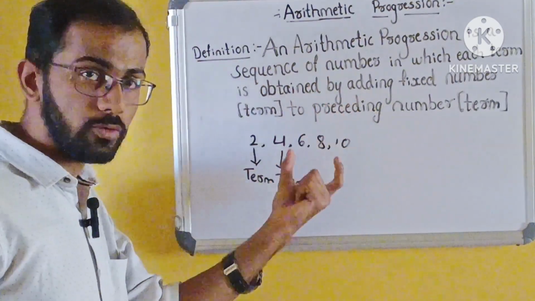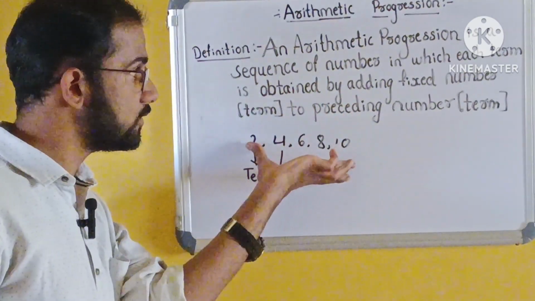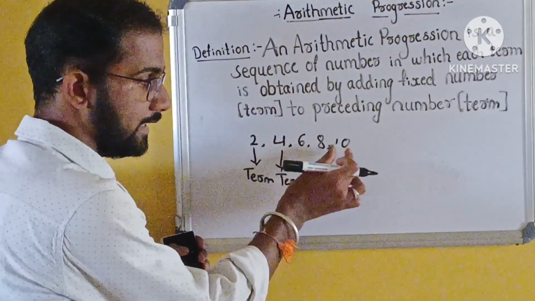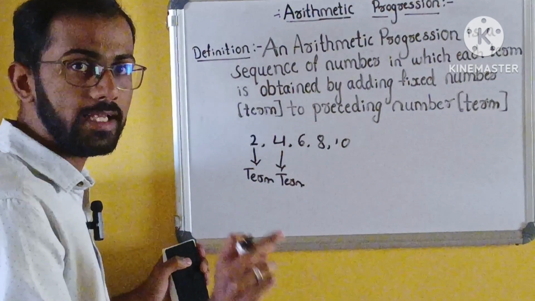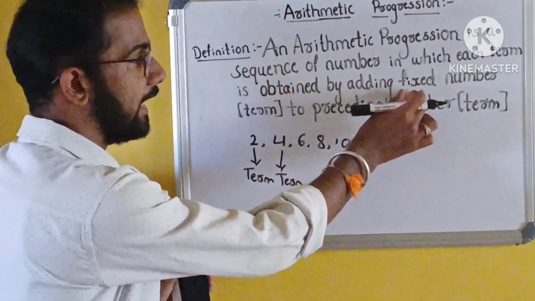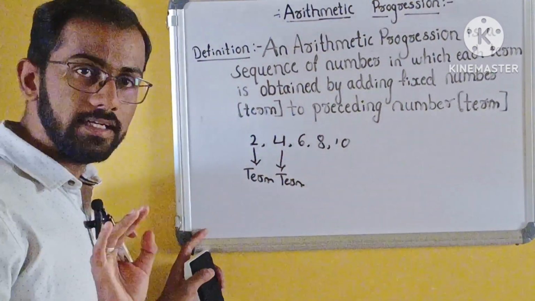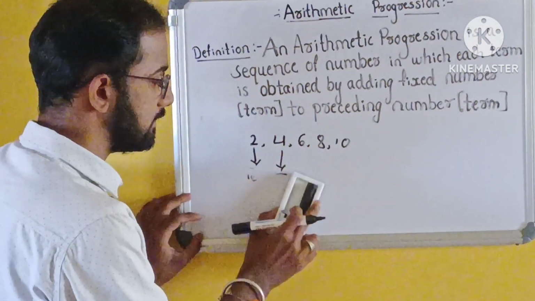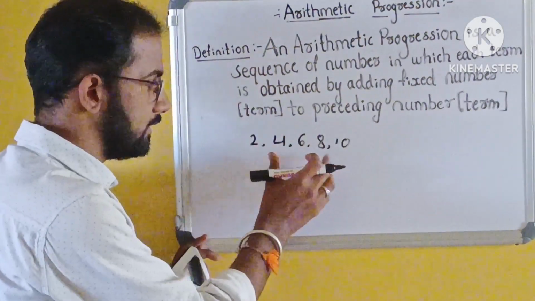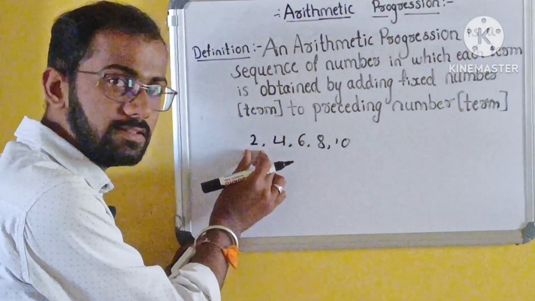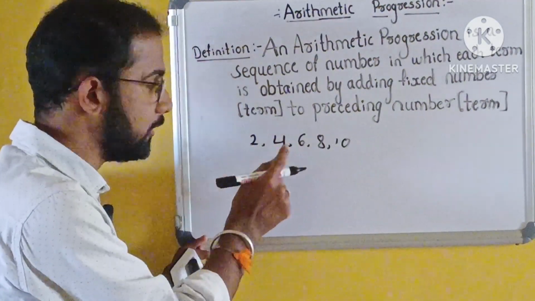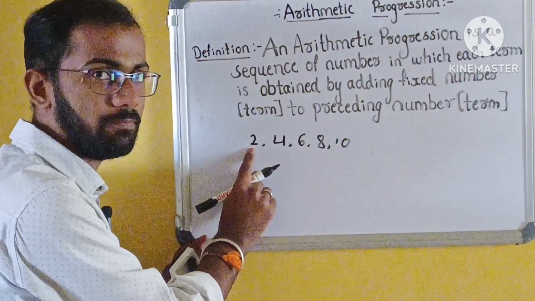So, an arithmetic progression is a sequence of numbers in which each term is obtained by adding a fixed number. Here, fixed number means, see here in this sequence, except the first term, 4 is obtained by adding 2 to the preceding term.